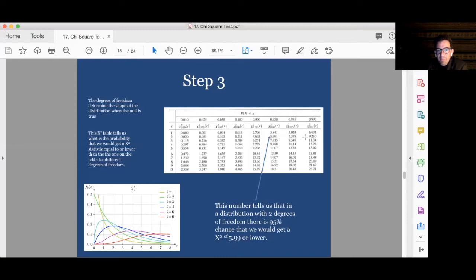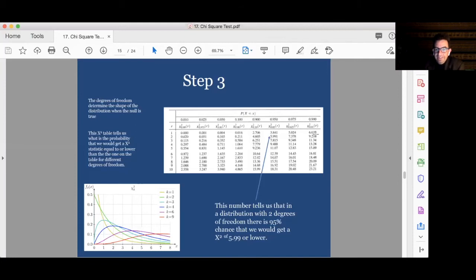It would be even more rare to get a chi-square statistic of 9.21. You would get chi-square statistics of 9.21 or lower 99% of the time when sampling from a population where there's no relationship.